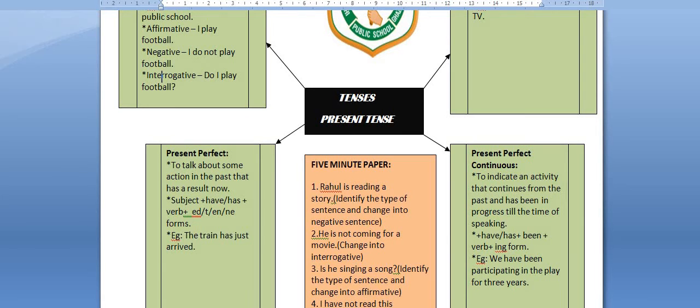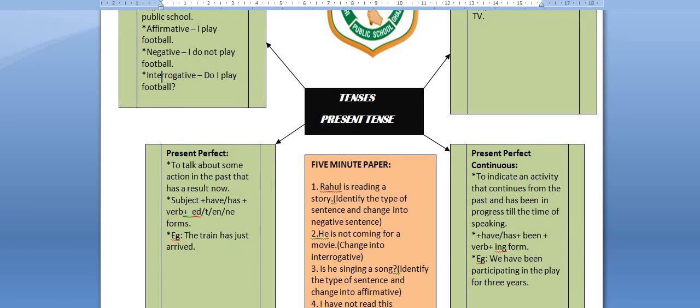Firstly, we write the subject, then we have has or have. Have is used with plurals and with the singulars I and you, and has is used with other singulars. Then we have the main verb. The main verb always has ed, t, en or other forms depending upon the word used as the verb in the sentence. Now the example here is: the train has arrived. That is, the train has just arrived. Has just arrived is the present perfect form.